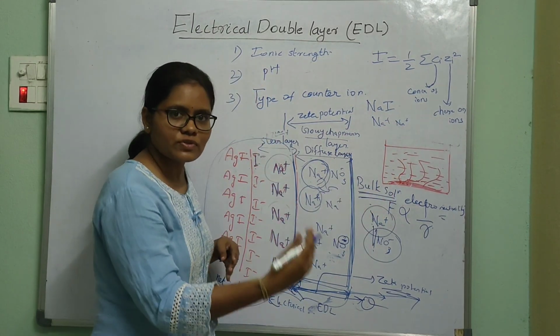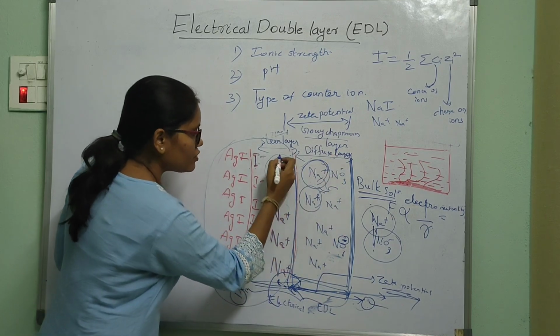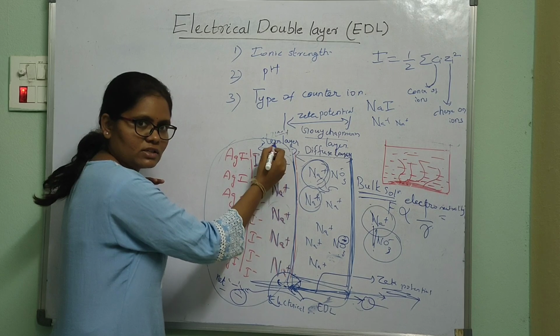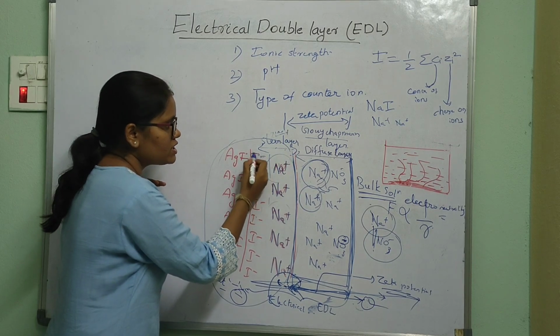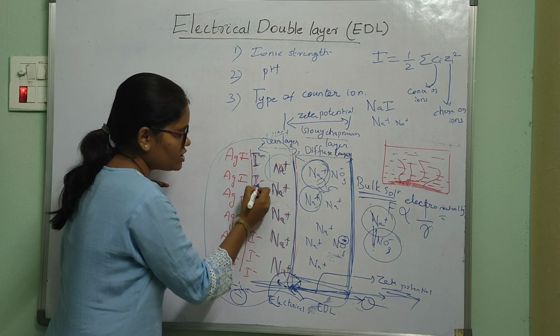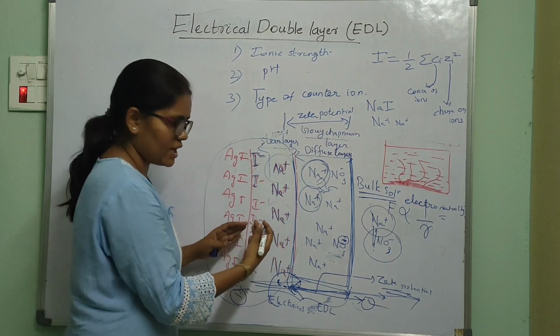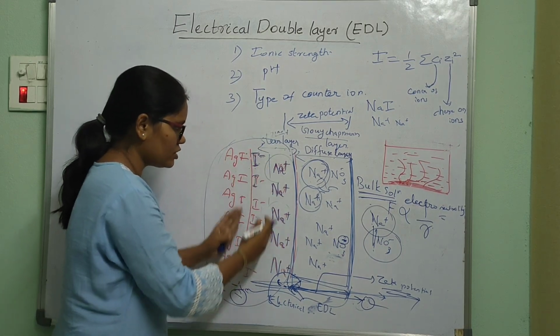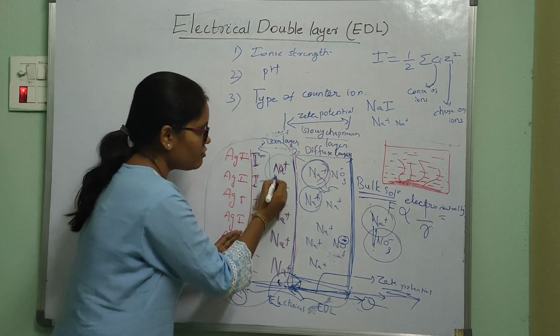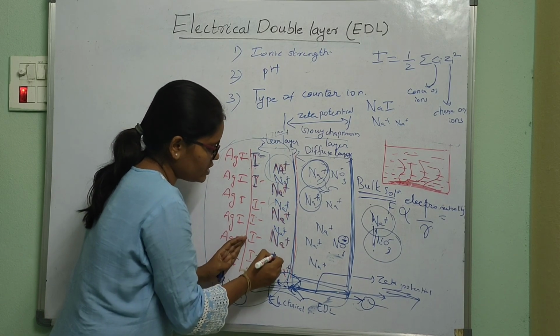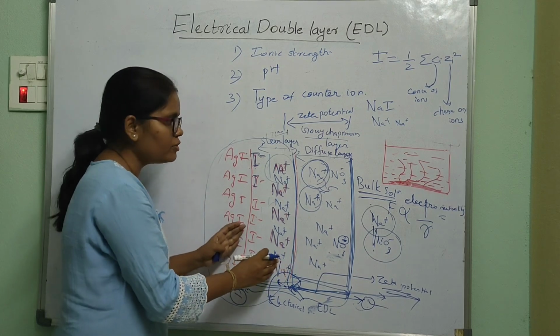So more sodium plus ions will come to form this Stern layer. So this negatively charged surface of the colloidal particle will be more neutralized, right? The negative charge on the colloidal particle decreases if a large number of sodium ions come and accumulate near the surface, right? I hope you are understanding.